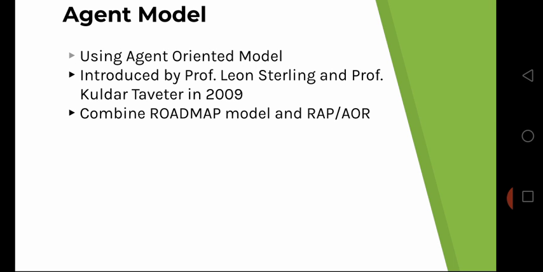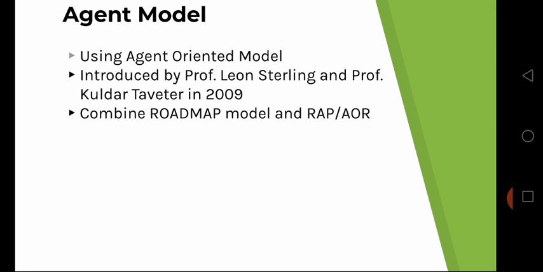So we're going to use the agent model. The name is agent oriented model, introduced by Prof. Leon Sterling and Kuldar Taveter back in 2009. Basically, this agent model combines the Roadmap model and RAP AOR.